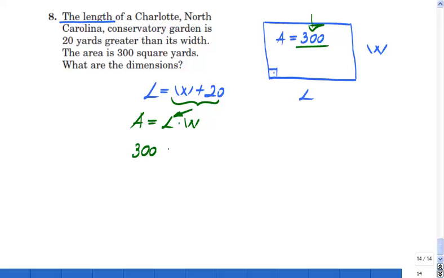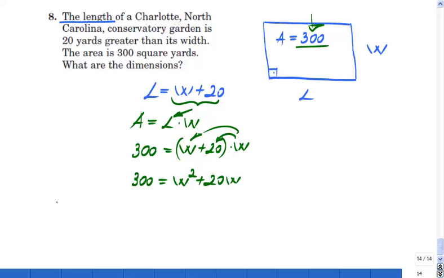So I have 300 equals my length in terms of width, which is width plus 20, right, multiplied by the width. Let's simplify the expression. Let's distribute that W to everything inside the parentheses. I have 300 equals W squared plus 20W.